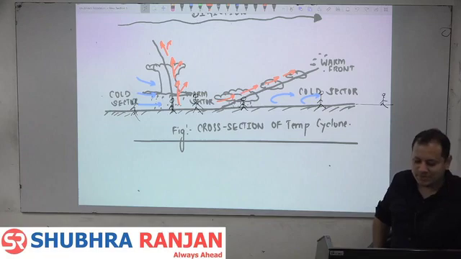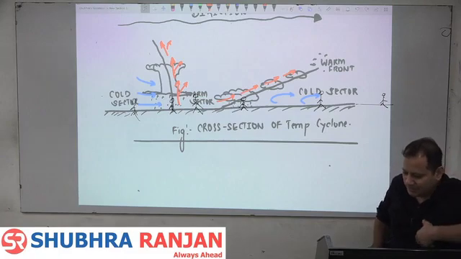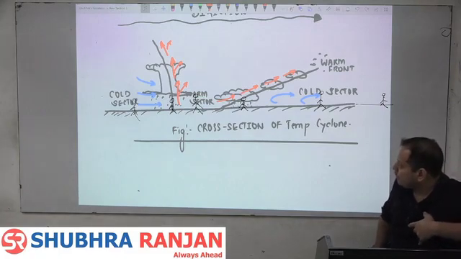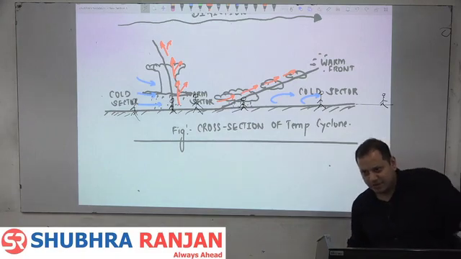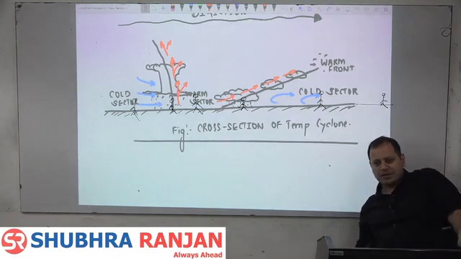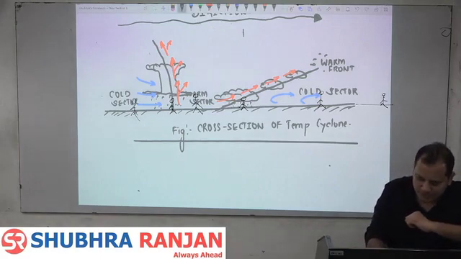So take the point. The observation point of an easterly moving temperate cyclone, easterly means from west to east, eastwards.